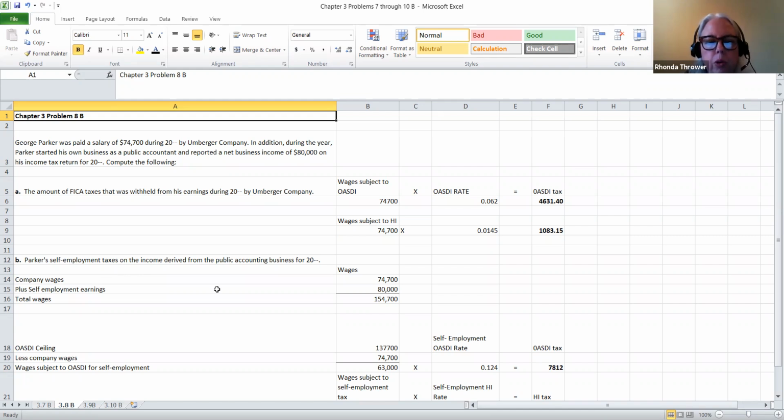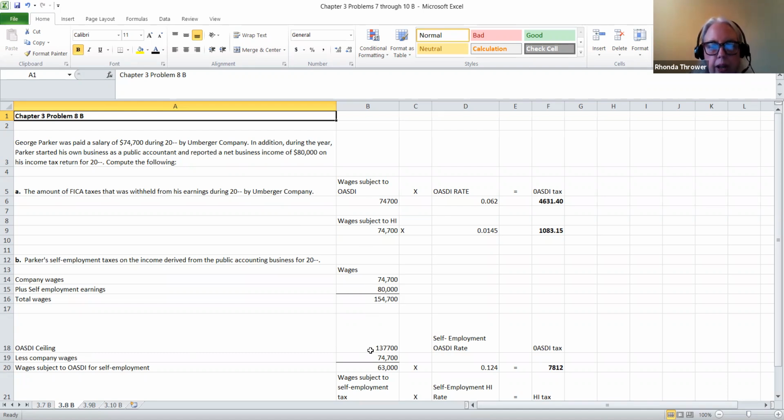You've got to remember that he's already paid taxes on $74,700, and his self-employment earnings were $80,000. The two of these together go over the ceiling for OASDI taxes. So his wages that he earned from the Umberger Company and his self-employment earnings together total more than the cap or the ceiling for OASDI.